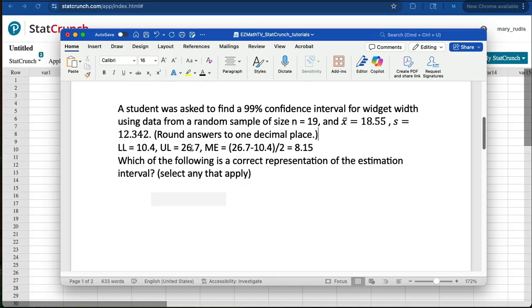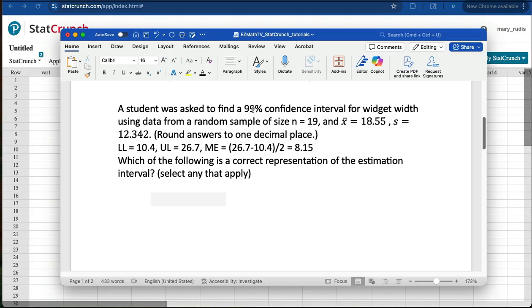When we use the t statistic, we're going to get our lower limit, our upper limit, and then we can calculate our margin of error. So I want to show you how we get those numbers in StatCrunch right now. Just pause the video and write down those three values that you saw here, plus write down that it's a 99% confidence, okay?